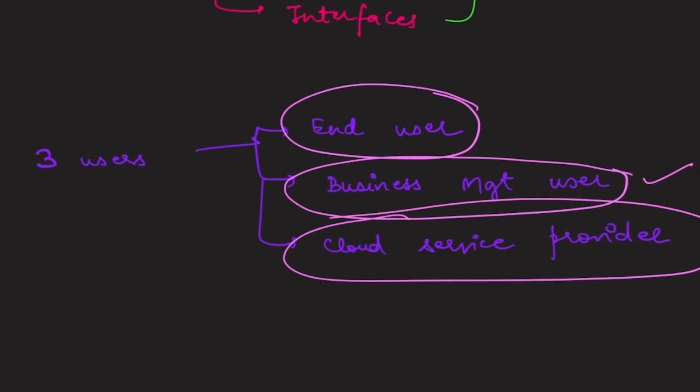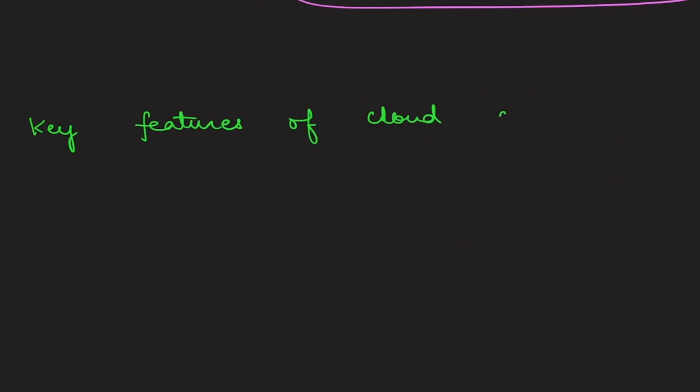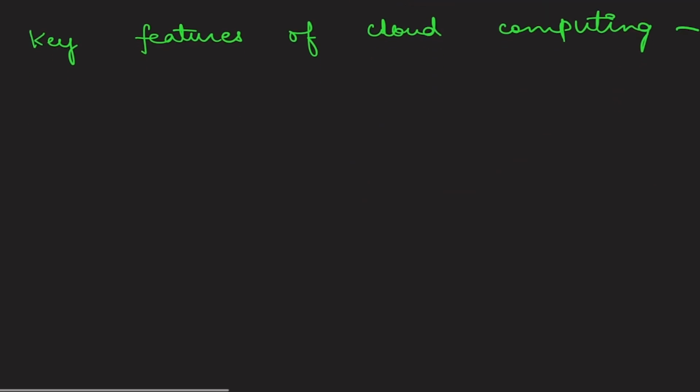Okay. Now let's quickly discuss what are the key features of cloud computing. For cloud computing we have various features. We are going to be just discussing the important ones.